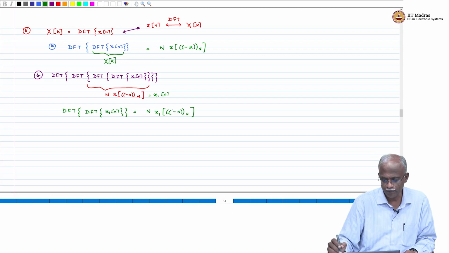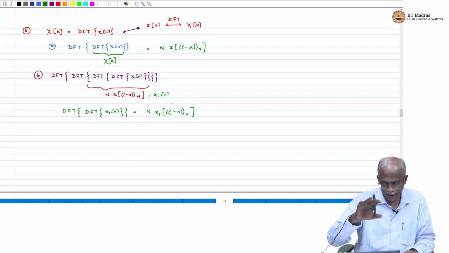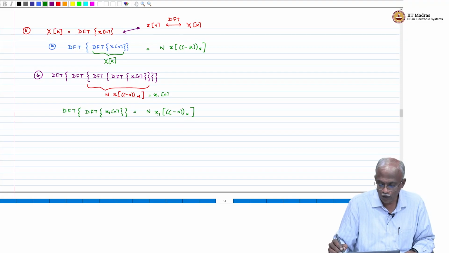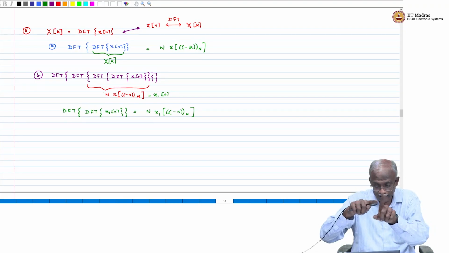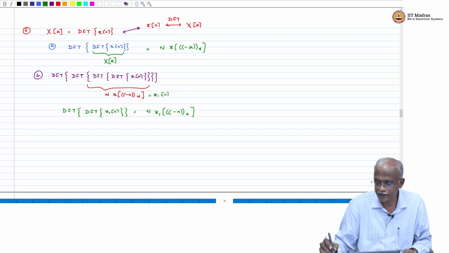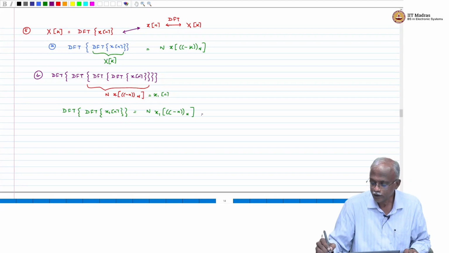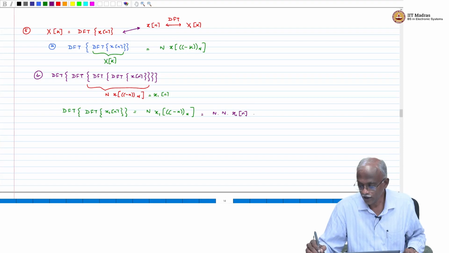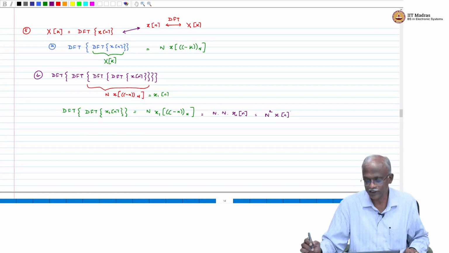So basically the same first step will give X1 of k, and in the second step we get the duality relationship. And what is x1 of n? x1 of n is N times x of minus n. So minus of minus becomes plus, so this becomes N times x of n, or in other words, N squared times x of n.